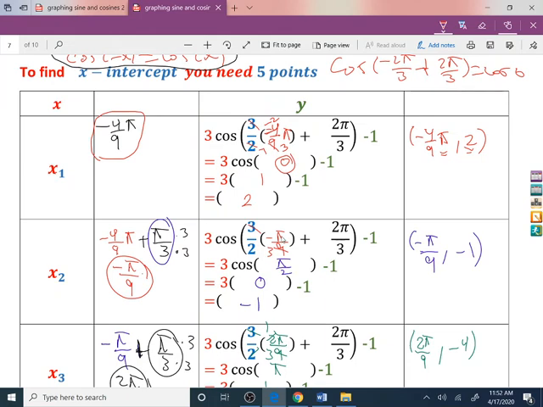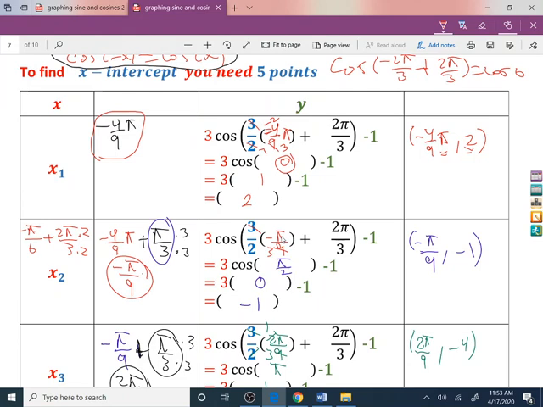If you need me to explain it for you, negative pi over 6 at the side here. Okay, I'm going to do it here. Negative pi over 6 plus 2 pi over 3. Multiply this by 2 by 2. 4 pi, right?